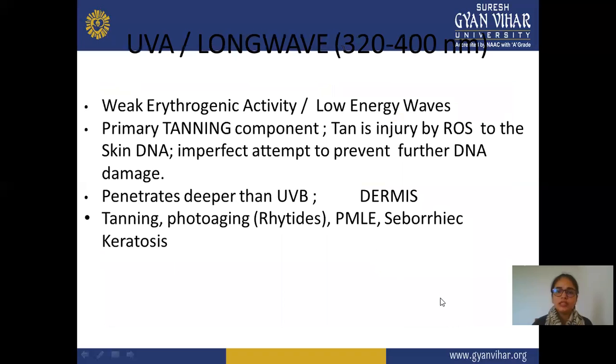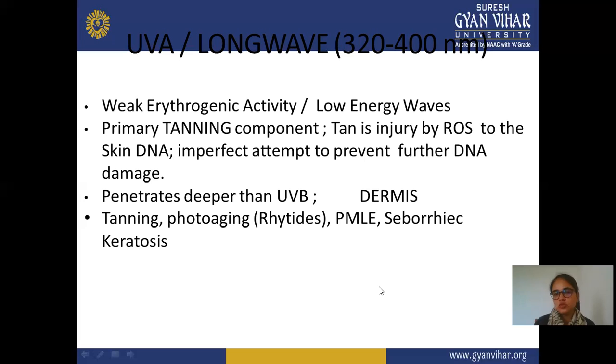Now UVA is the long wave, 320 to 400 nanometers. This is the largest part of the UV light that may damage or tan your skin. It has weak erythemogenic activity and low energy waves.